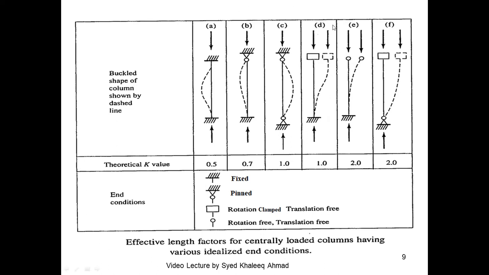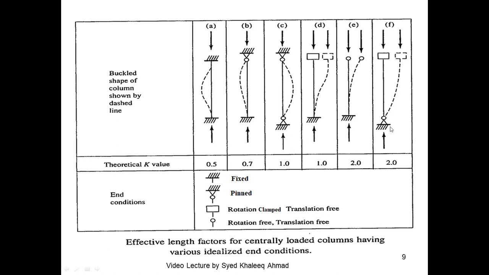This is the difference between case D and case E. The same thing: the end is free, this end is fixed, but in one case the rotation is not possible and in the other case rotation is possible. You can say movable fixed support here and movable pin support there.